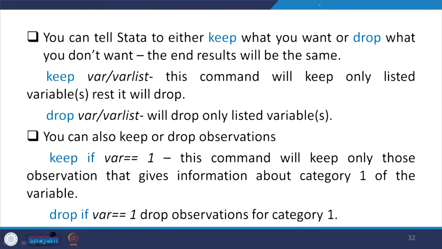Like keep if variable double equal to 1. Within the variable, when you know that there are different categories, 3-4 categories, 1, 2, 3, 4 are there, you only want to continue with one, and the others are not going to be useful for you.